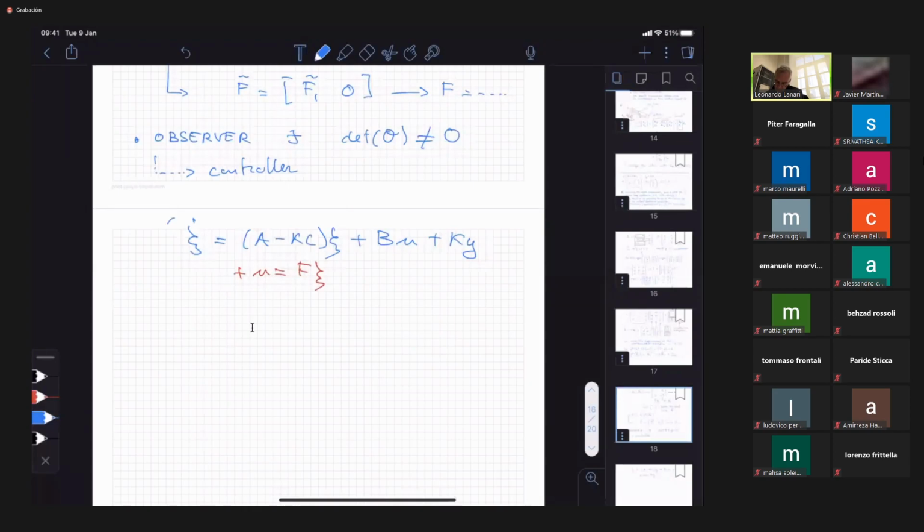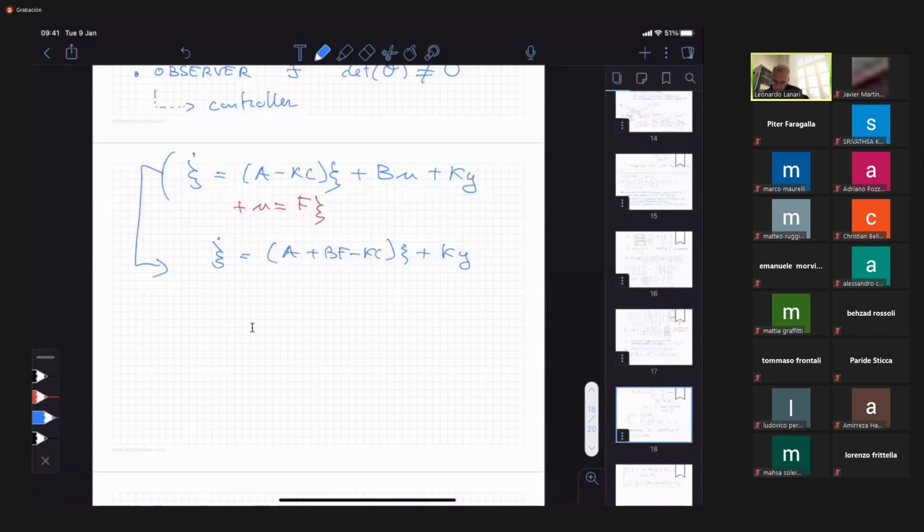This is pure theory: A plus BF minus KC, plus the input Y multiplied by K, and the output would be FC. So these are the dynamic equations of the controller.